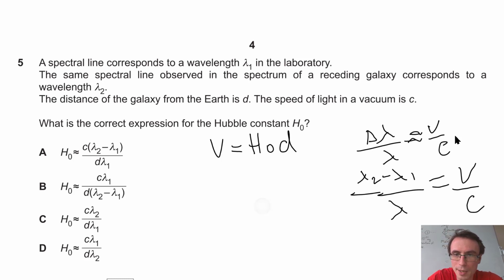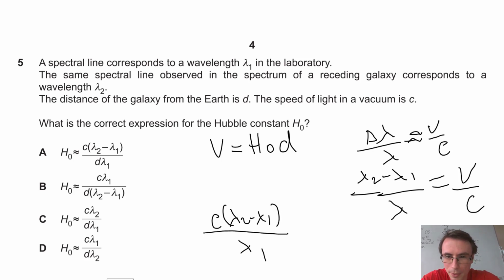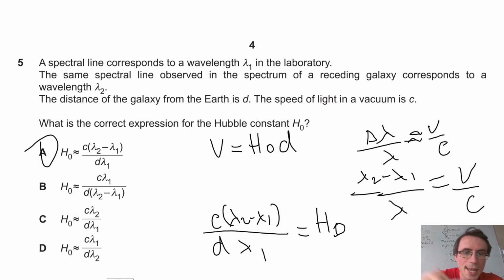So if I plug this expression for the speed into this part of the expression, I am going to get c, lambda 2 take away lambda 1, divided by lambda 1, is going to equal the speed, which is h naught d, and then I can bring the factor of d here, which is going to give me, let's see, correct answer is A.